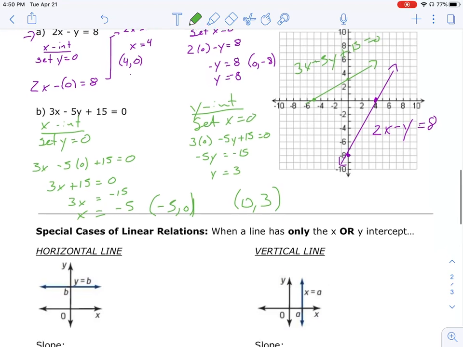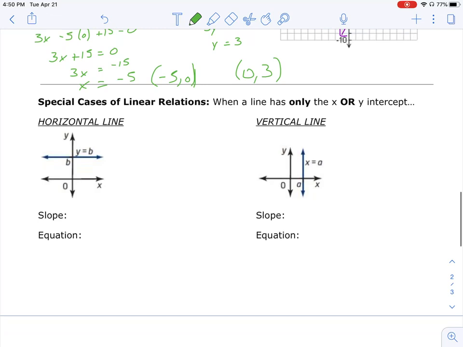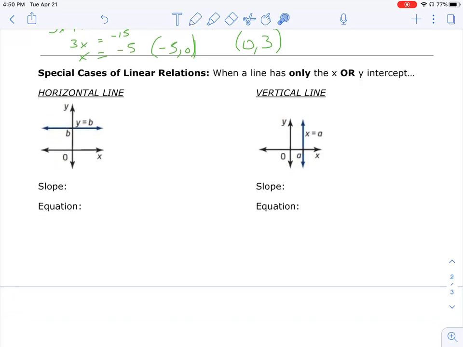We do have some special cases of linear relations when a line has only the x or only the y intercept. So with a horizontal line, which looks like this, right, just goes straight across, this line is not going to come down and touch the x-axis.